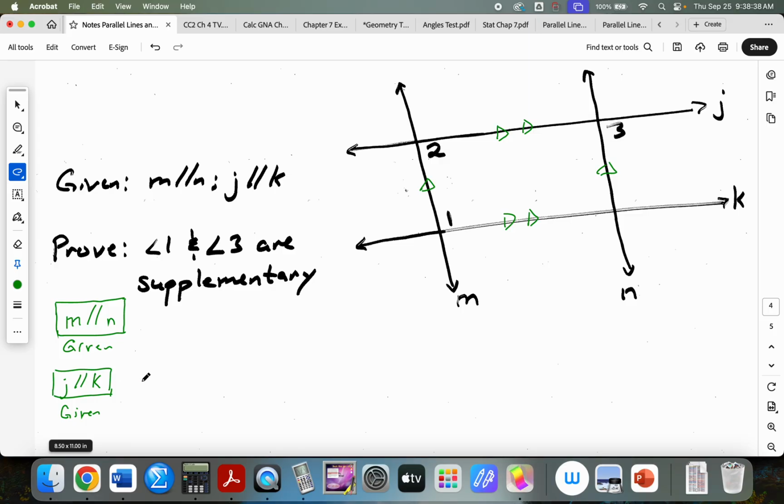J and K. Comes from J and K. So since it comes from that, we draw a little arrow over here that says, okay, because of that, I know that angle 1 and angle 2 are supplementary.